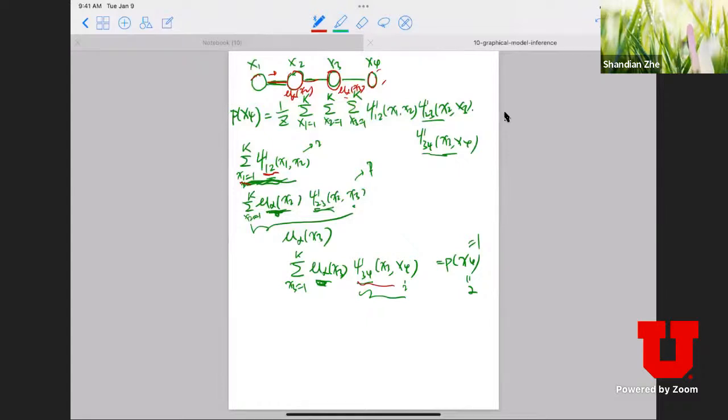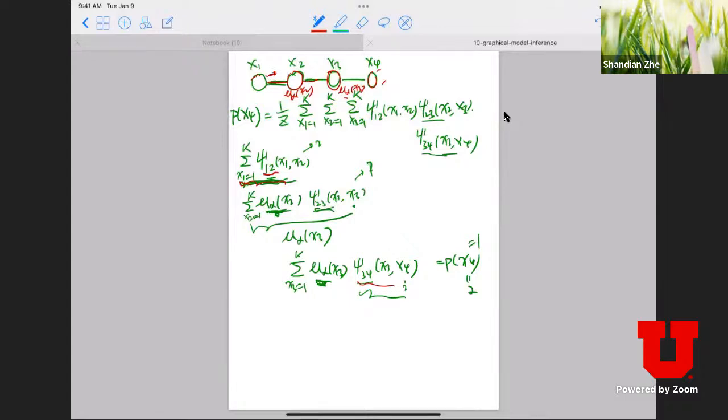Okay, so as we just mentioned, we can see that nested summation from left to right and caching the intermediate results can efficiently reduce the cost. We can denote those intermediate results. You calculate them from left to right.